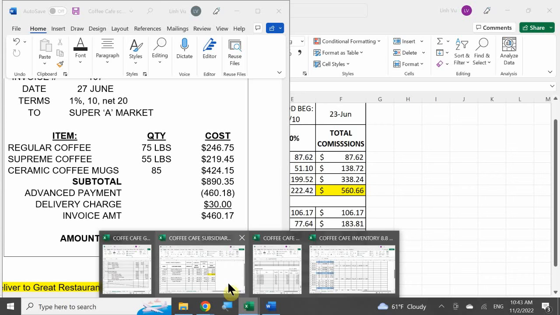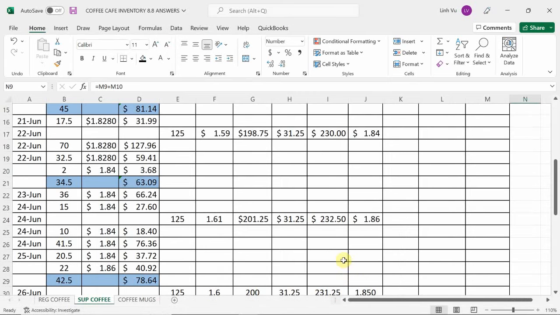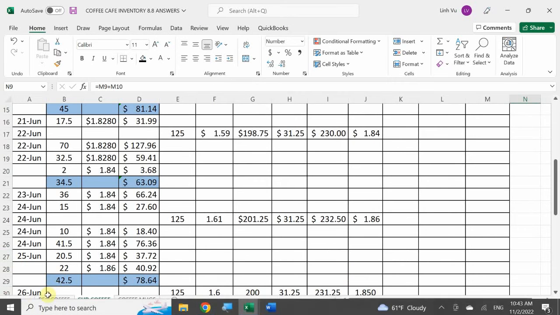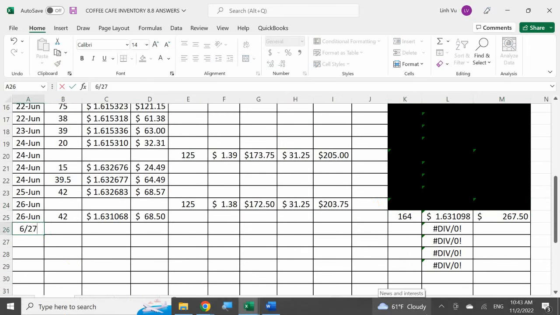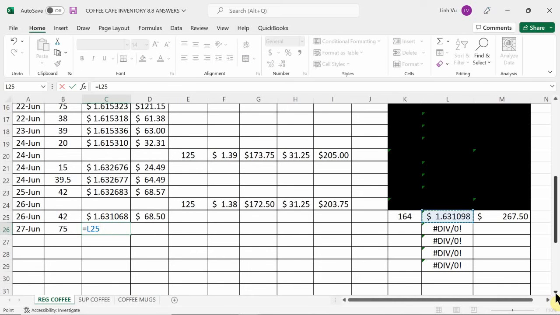So let's go ahead and open the inventory worksheet for the regular coffee. Today's the 27th. We just got rid of 75 pounds of regular coffee. And you're going to use 1.631098. Correct.